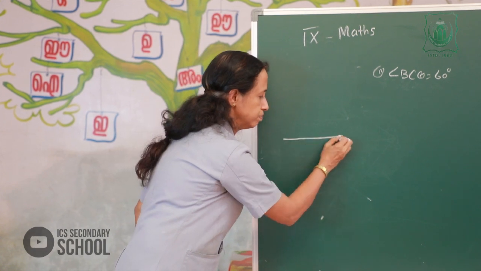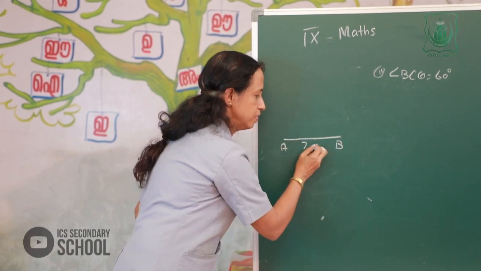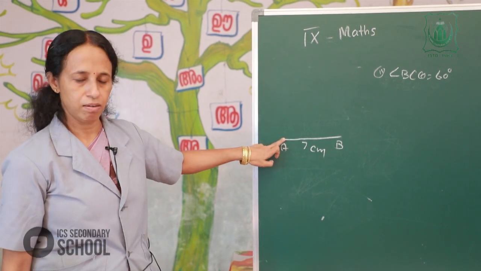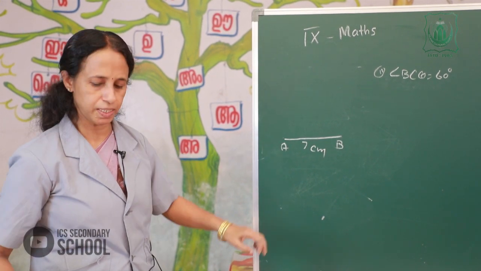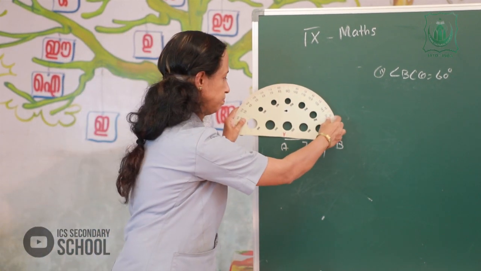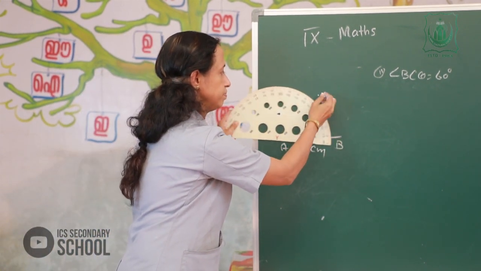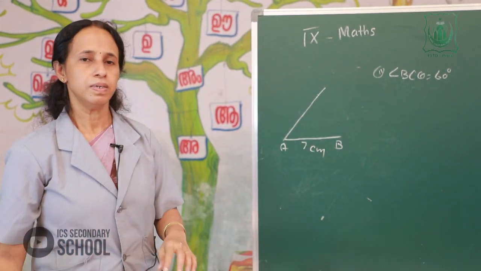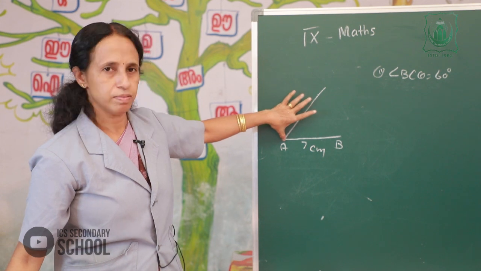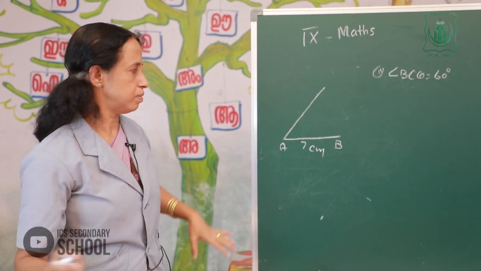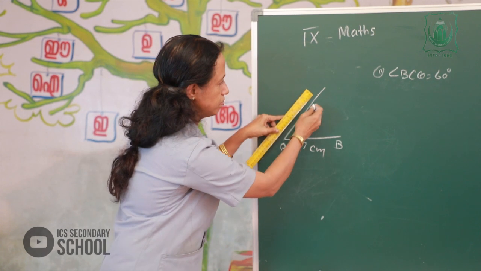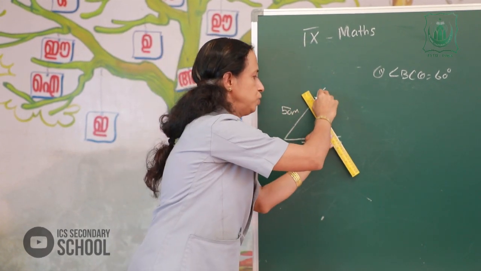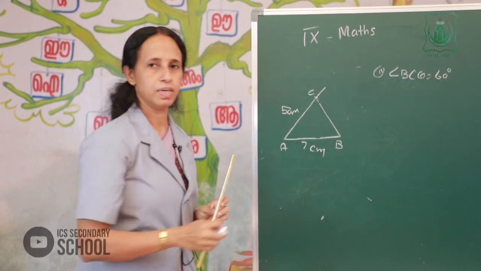Length of AB 7 centimeter. This angle at A 60 degree, measure 60 degree. This side 5 centimeter. Connect C to B.